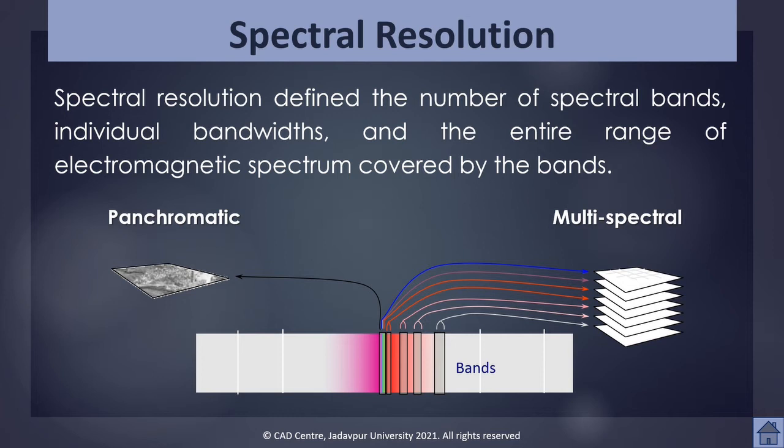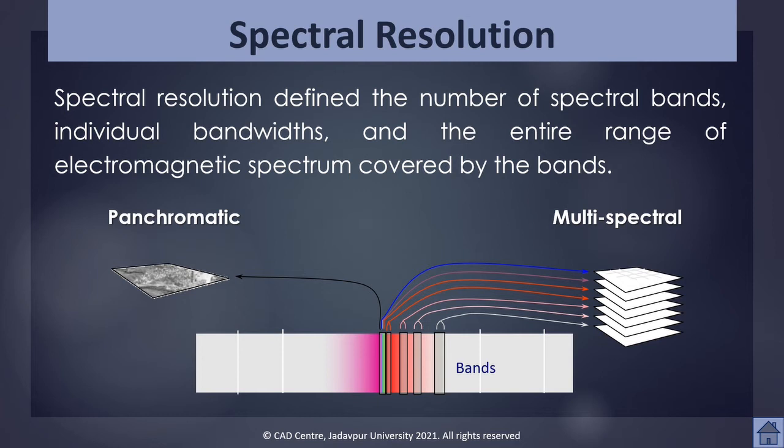The use of multispectral imagery can lead to a higher degree of discriminating power than any single band on its own. The spectral resolution of a remote sensing instrument is determined by the bandwidths of the channels that we have used. Higher spectral resolution is achieved by narrowing the bandwidths.